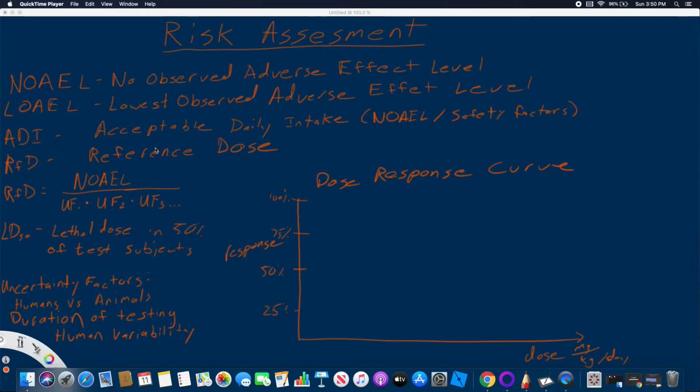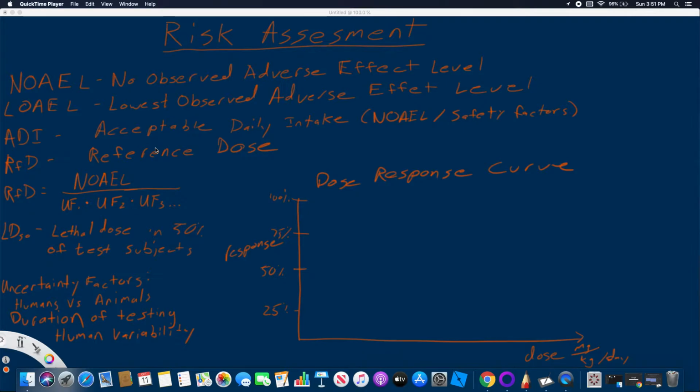There could also be uncertainty because most of the time we're extrapolating data from animal studies. We can't test humans. I mean, obviously that's not ethical. So we tend to do studies on animals, and we try to say, well, it harmed an animal, so it's probably going to harm a human too.